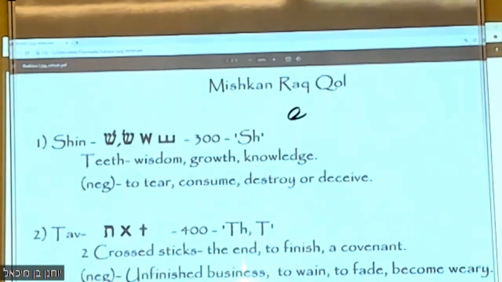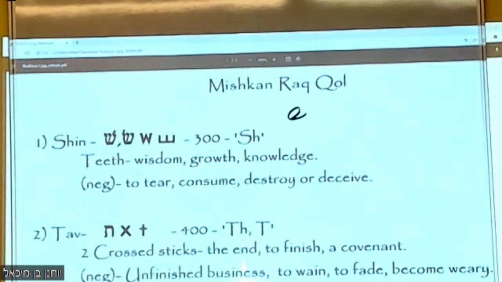Part of why it looks like a snake's fangs. Because the snake in the garden did what? Deceived Adam and Eve. He deceived them. He told them some lies.